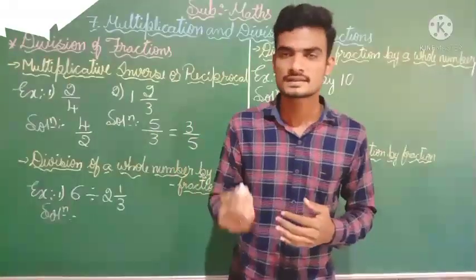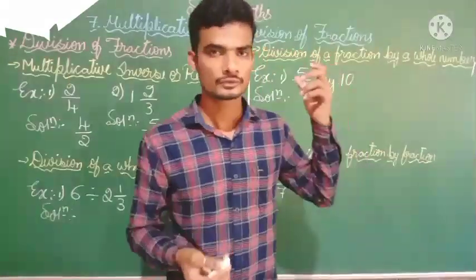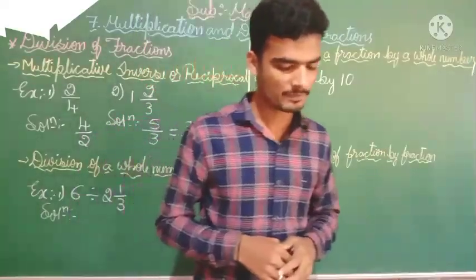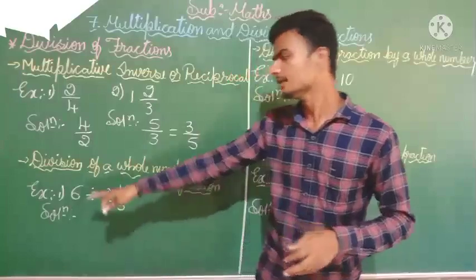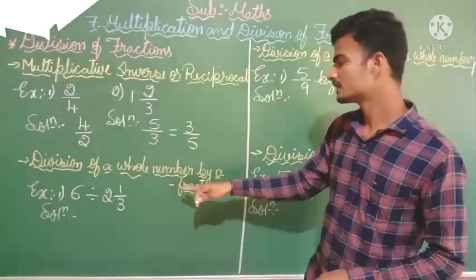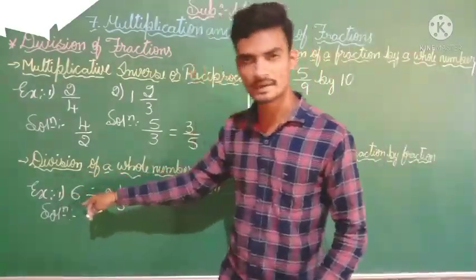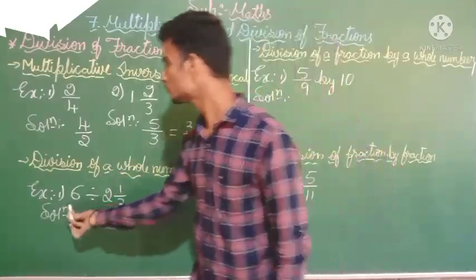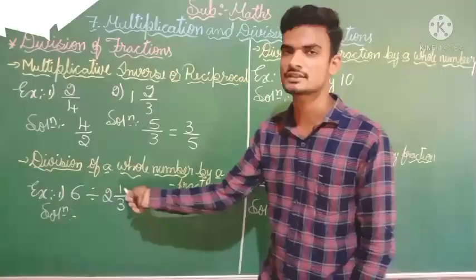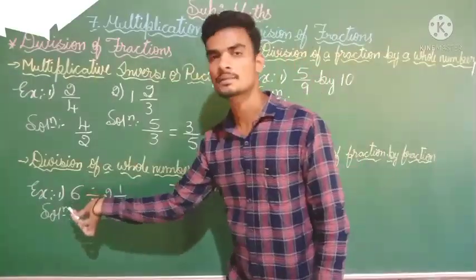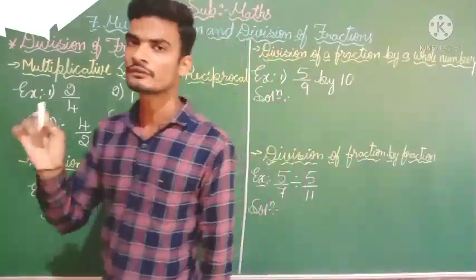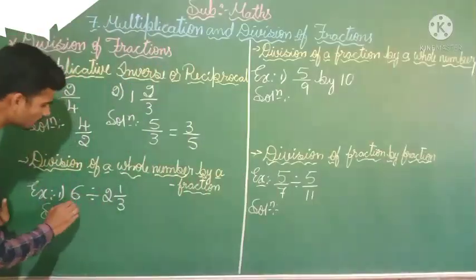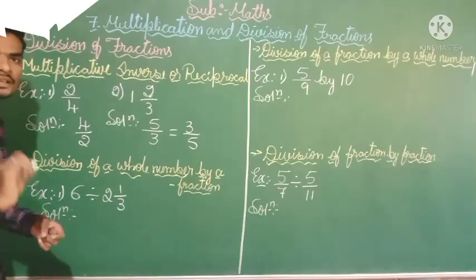Here, let us see a few problems. First, division of a whole number by a fraction. In the next video we will discuss division by a whole number itself. See, first you got a whole number, and here is a mixed fraction. What do you want to do? First you want to make a fraction. How to make a fraction? What number do we have to write at the denominator part? That you have to think.